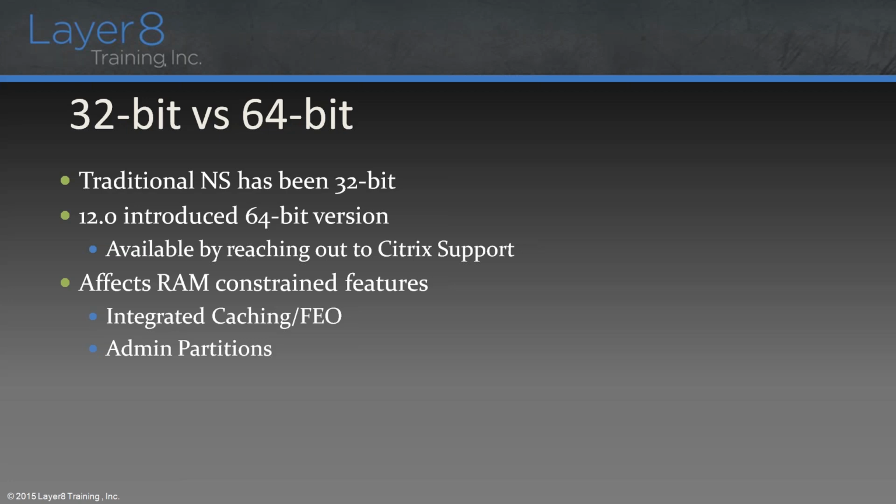So when they came out with the 12.0 version of the code, you could reach out to Citrix support and get a 64-bit version of it. And then in the 12.1 version, obviously you've got 32 and 64. They just make that a little more readily available and ready for prime time. Now, does it matter? I'll tell you flat out, most of the time, it doesn't.